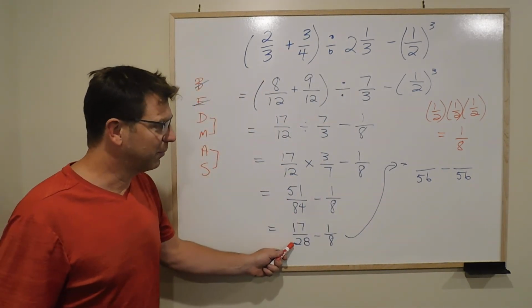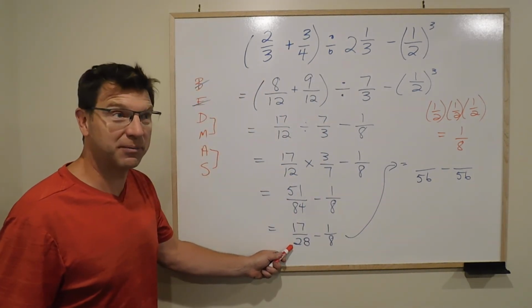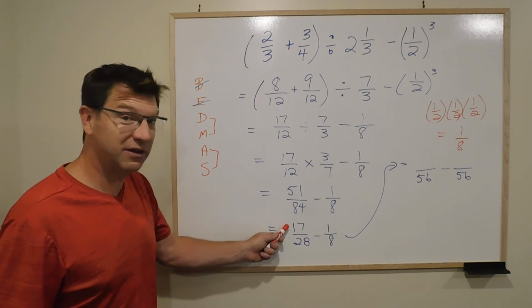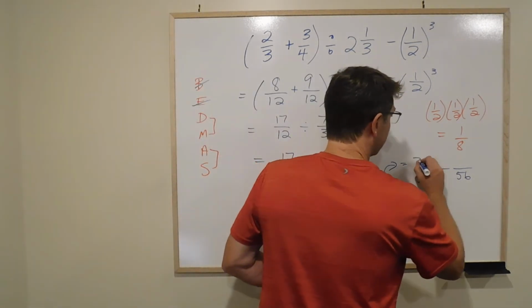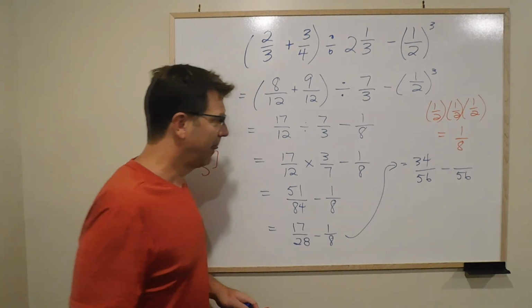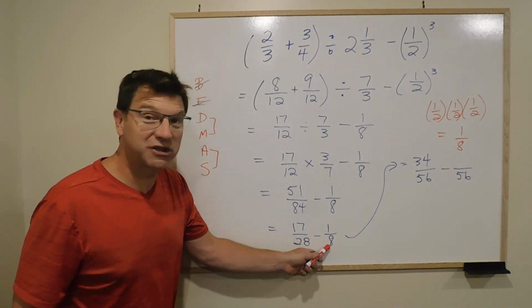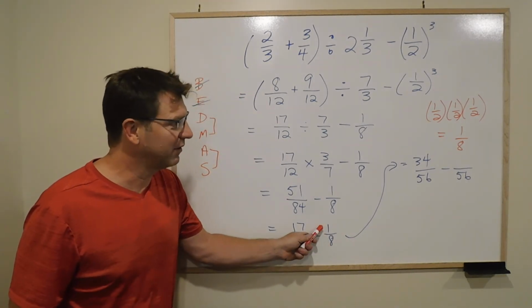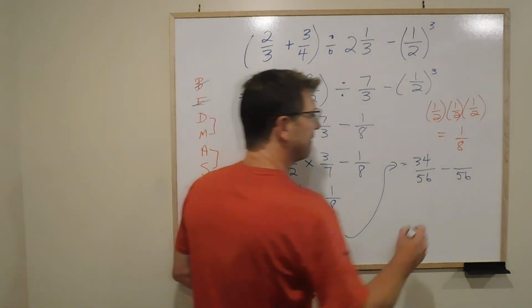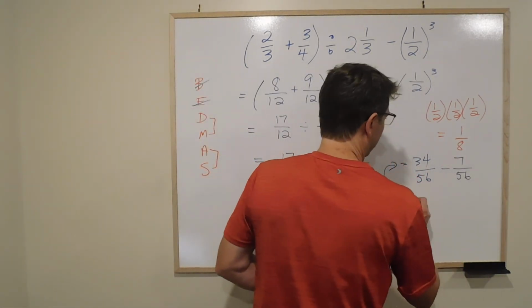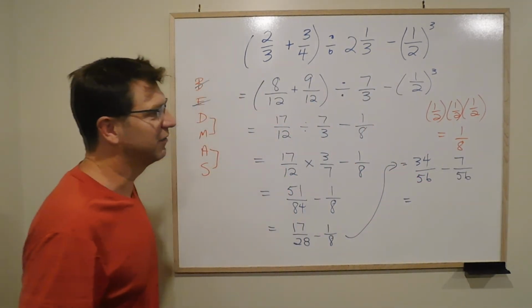What do I have to do to 28 to get 56? I have to multiply it by 2. 17 times 2 is 34. 8 times 7 is 56, so 1 times 7 is 7. I have 34 minus 7 in the numerator.